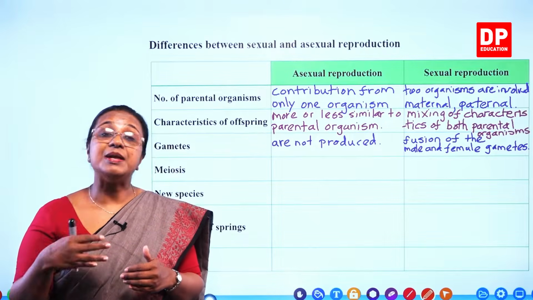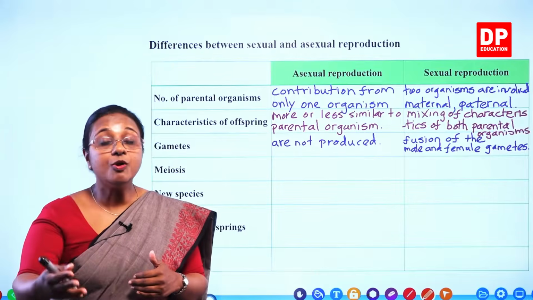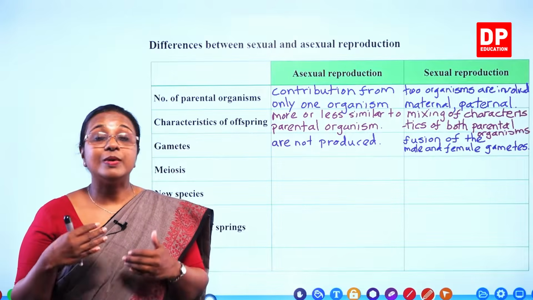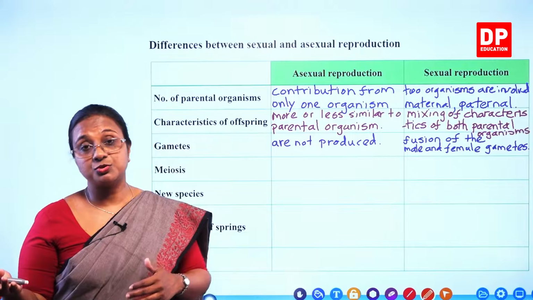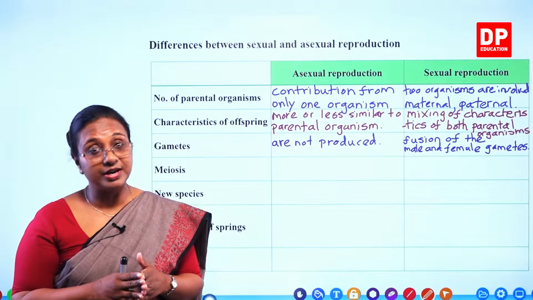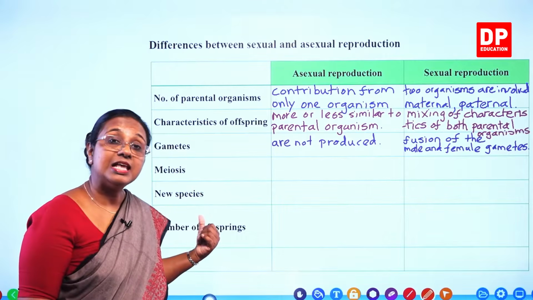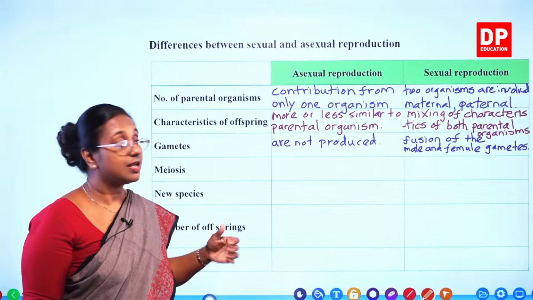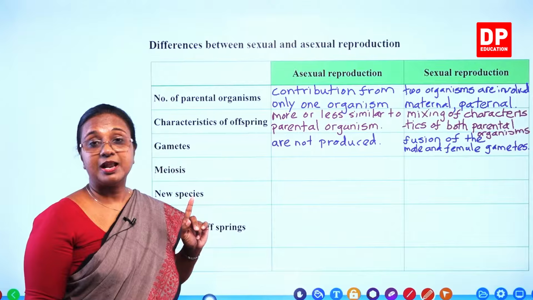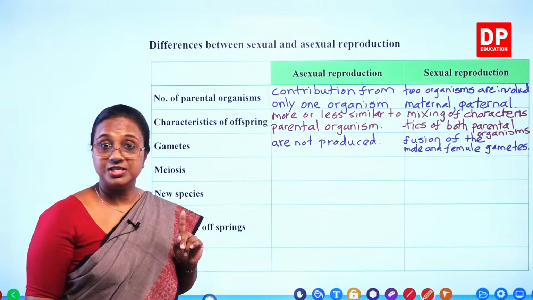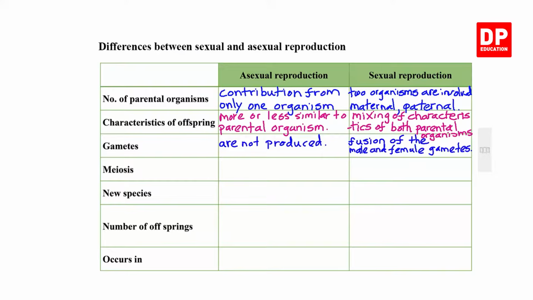When the gametes fuse again, the new offspring will have the same number of chromosomes as the parental organism. Because of that, in sexual reproduction, there is meiosis taking place, whereas in asexual reproduction, meiosis does not occur.